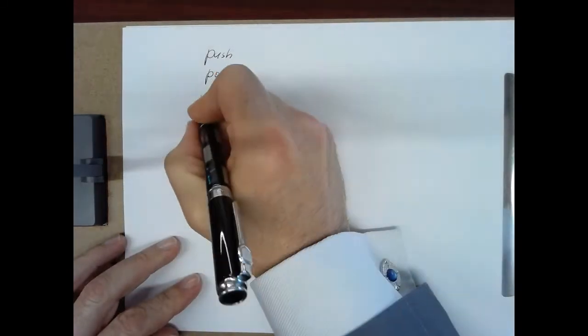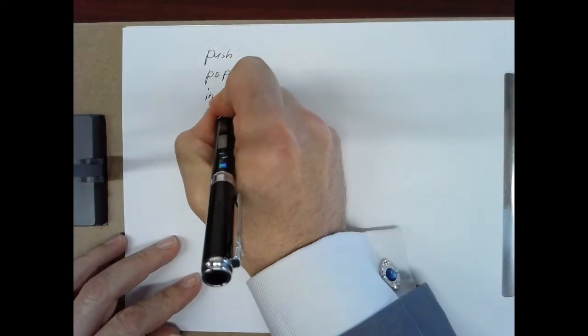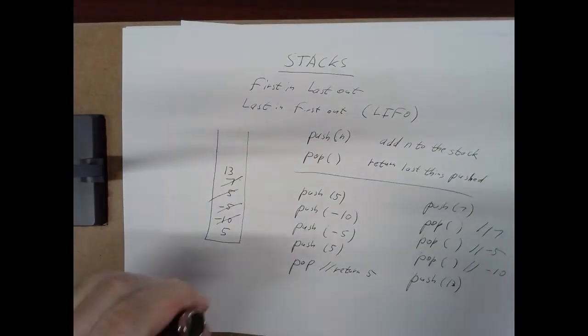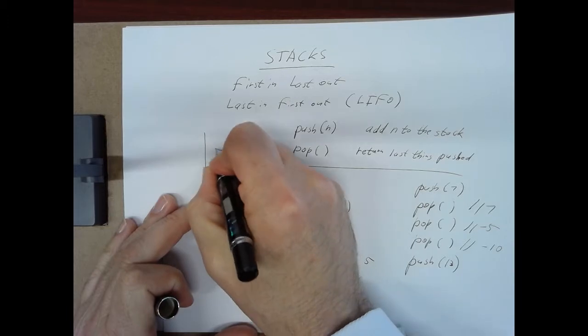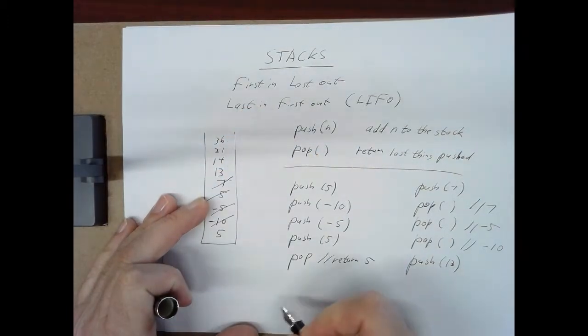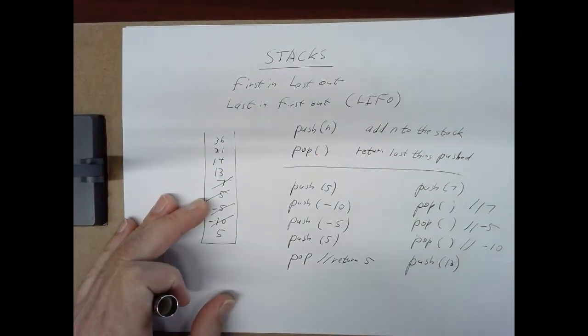We probably want a way to initialize a stack. So we'd have some kind of an init routine that does something to create an empty stack. So it might allocate memory, it might set up some pointers, it might do any of a number of things, but we want some way to initialize. And when we're dealing with our stack, right, if we push too many things, eventually we're going to run out of storage space.